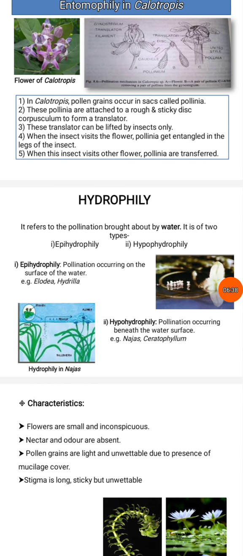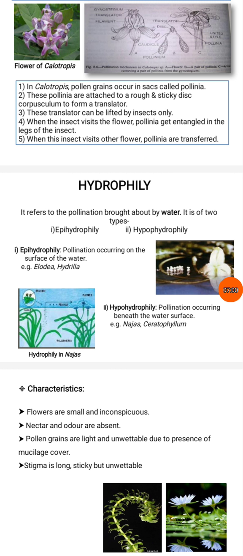Hydrophily is of two types, epihydrophily and hypohydrophily. Epi means above and hypo means below. Epihydrophily means pollination occurring on the surface of the water. For example, Elodea and Hydrilla.